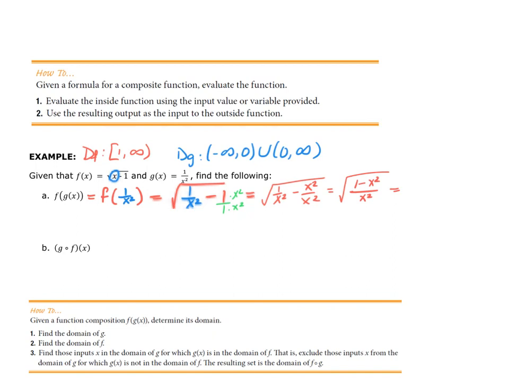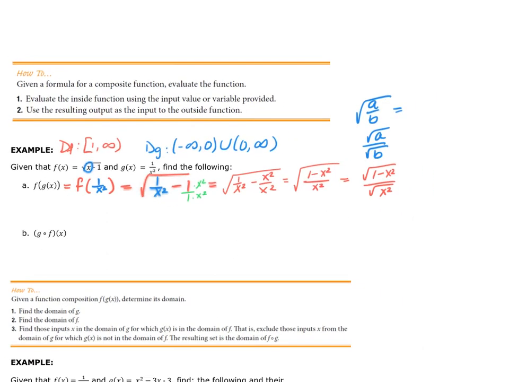And then I'm going to use this rule that says if I have the square root of a over b, then I can take the square root of a separately from the square root of b. So I'm going to use that ability so that I can write this as the square root of 1 minus x squared over the square root of x squared. And so what this ends up becoming is the square root of 1 minus x squared over just x. Now, I have to talk about what the final domain is.